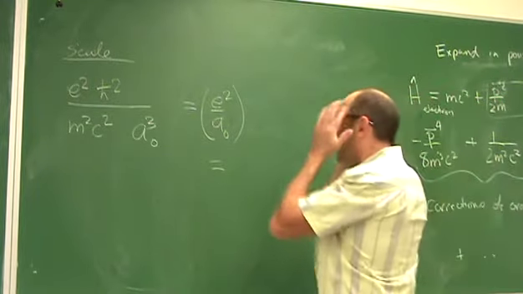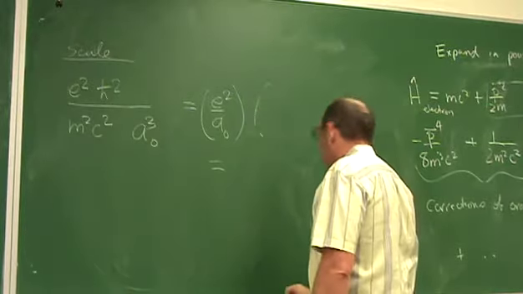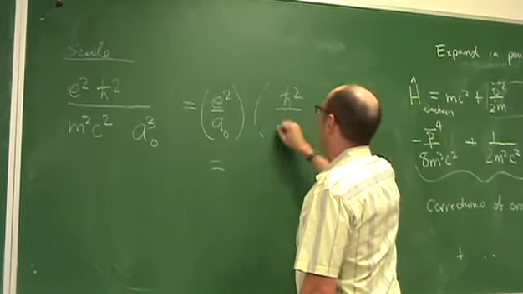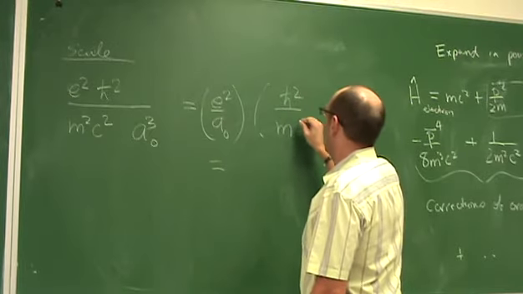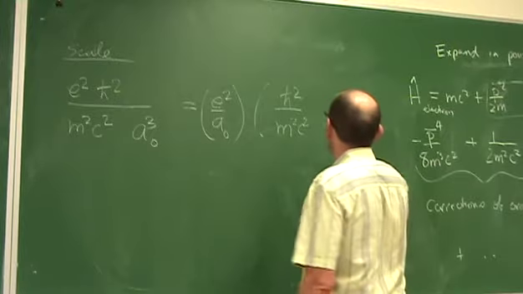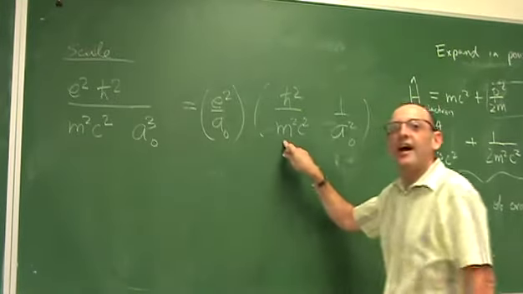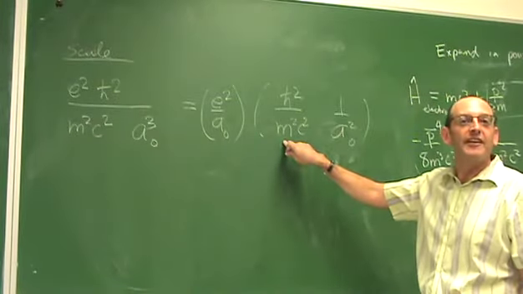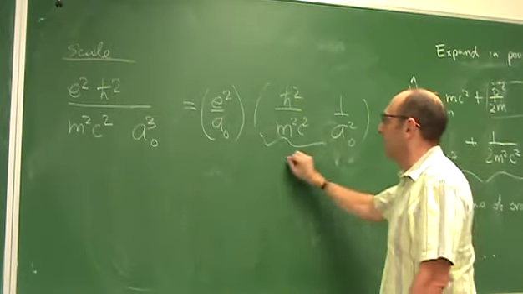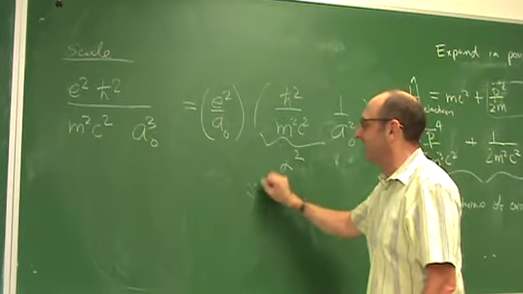So now, try again. I have h bar squared over m squared c squared, over, this is good, that works out much better, because this is the Compton wavelength squared, which is alpha squared times this. So this whole thing is alpha squared. Yay!